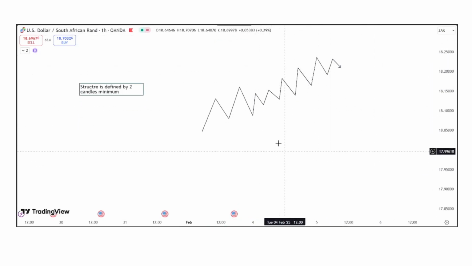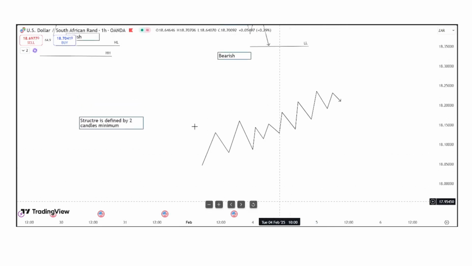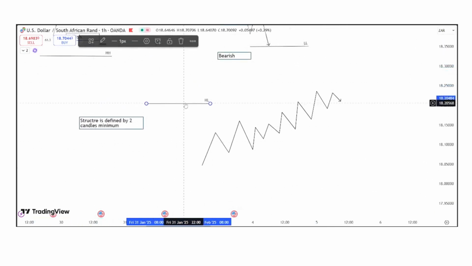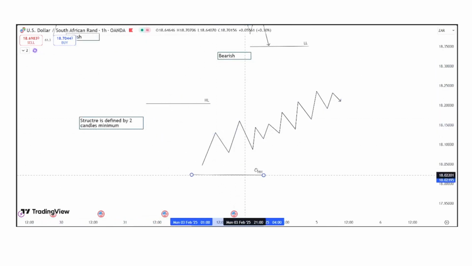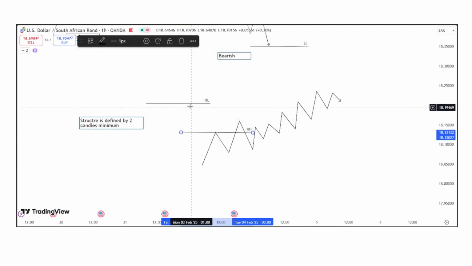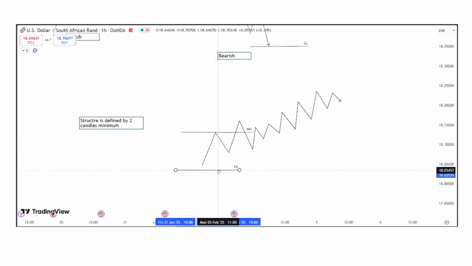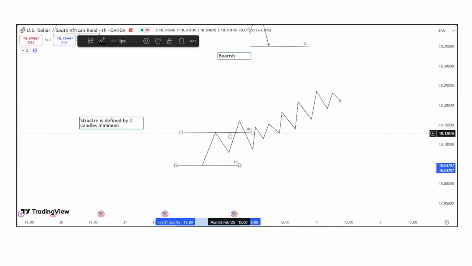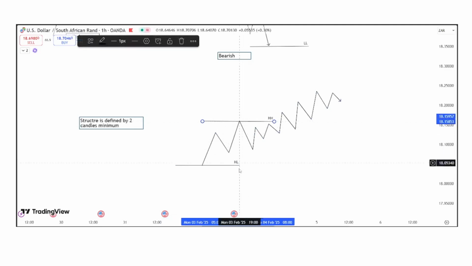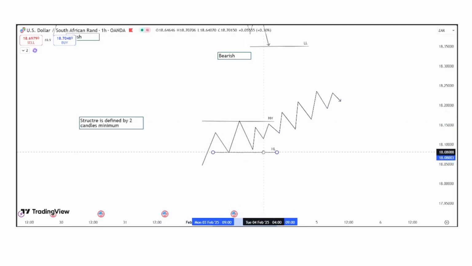So this is obviously bullish, right? And we're going to work through it. Sorry, we'll work through the bullish example, and then we'll work through a bearish example. So here we have our higher high, higher low. What is this one? Nothing. We get a higher high, we get our higher low.